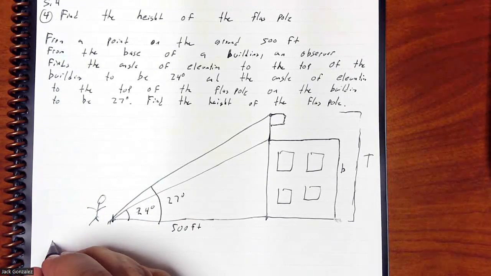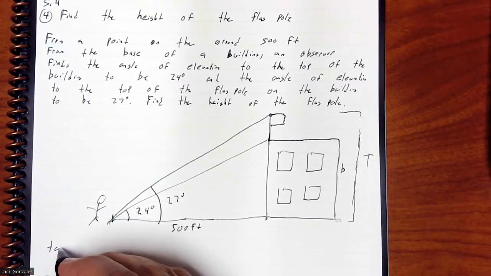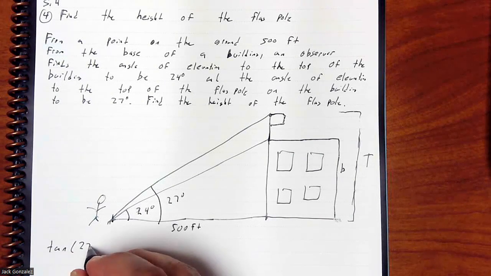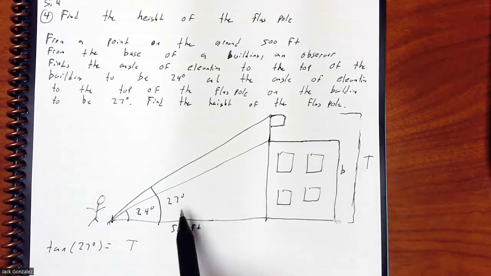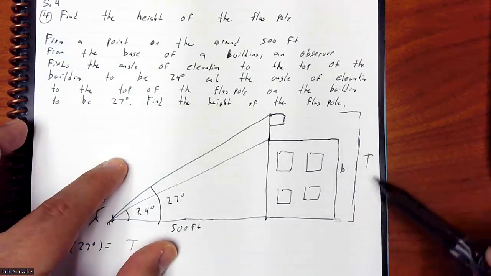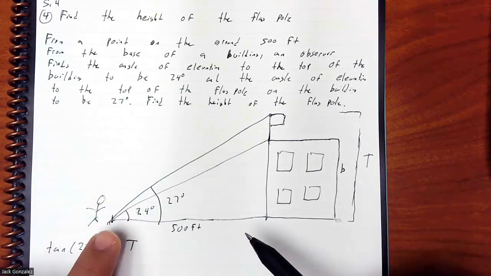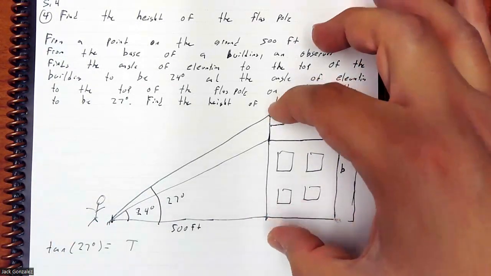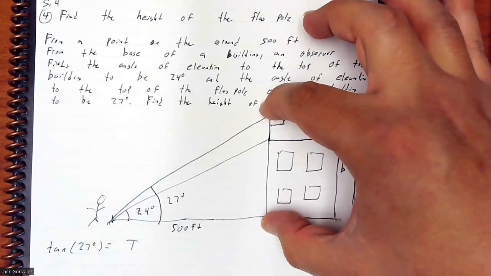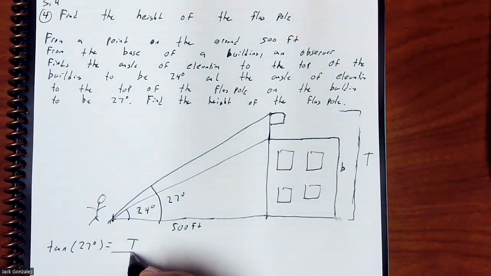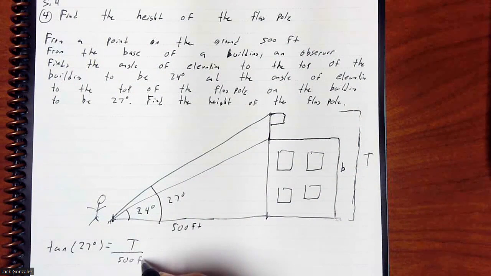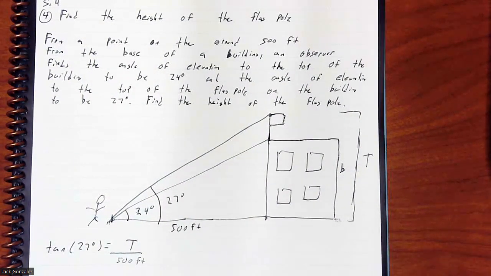So do you agree that tangent of 27 degrees is equal to capital T, the opposite side, over 500? So the triangle we're looking at is this triangle here. That makes sense? So capital T over 500. Solving this will give you capital T, the total height.